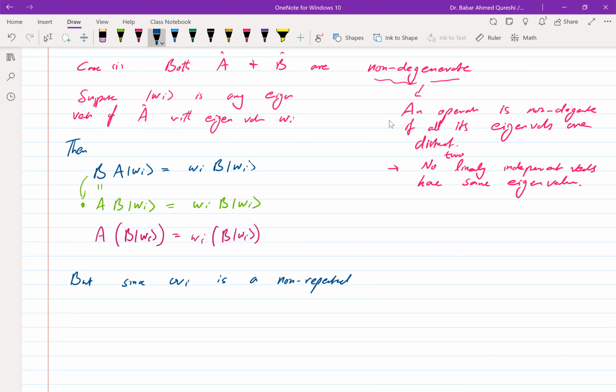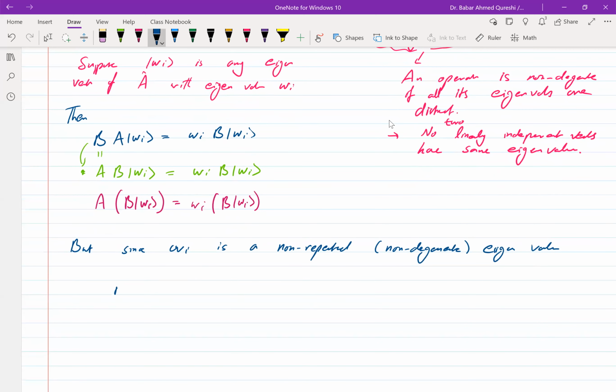Those which occur only once you call non-degenerate eigenvalues, and the others degenerate. Since I'm assuming that all the eigenvalues are non-degenerate, BWi must be a multiple of Wi.